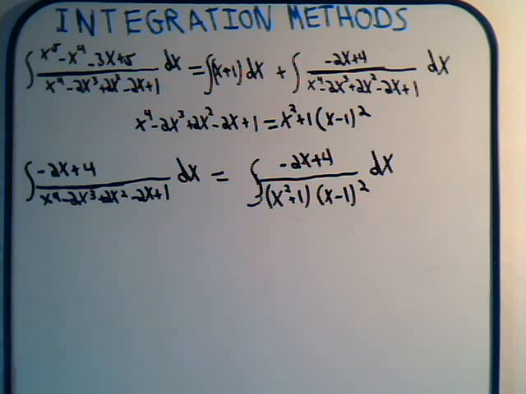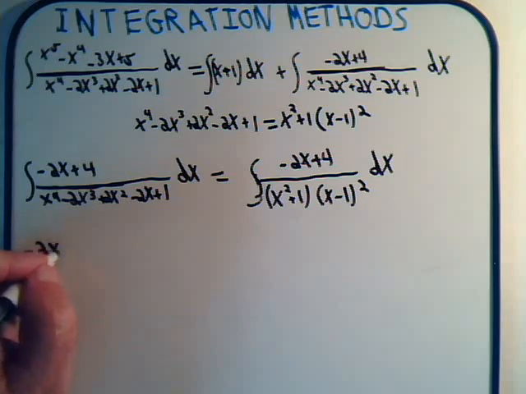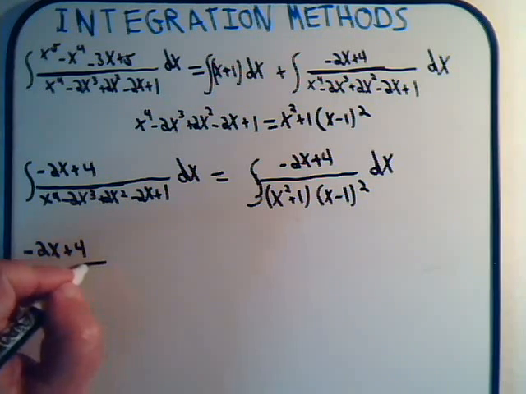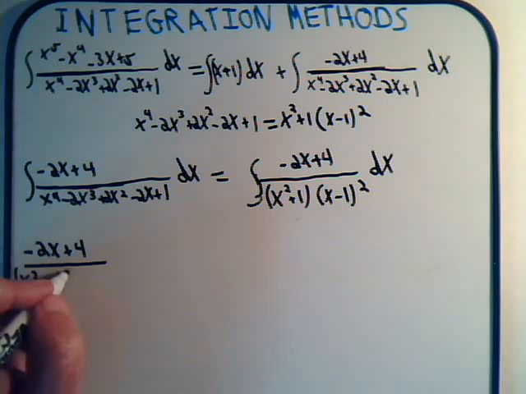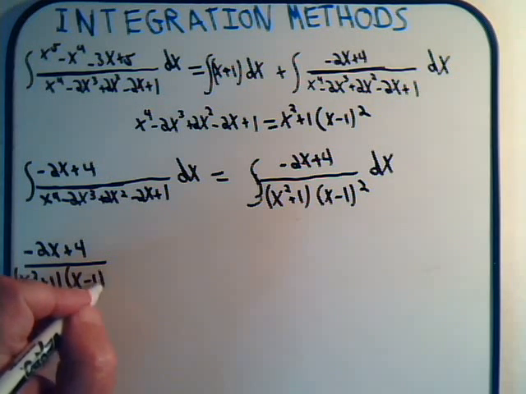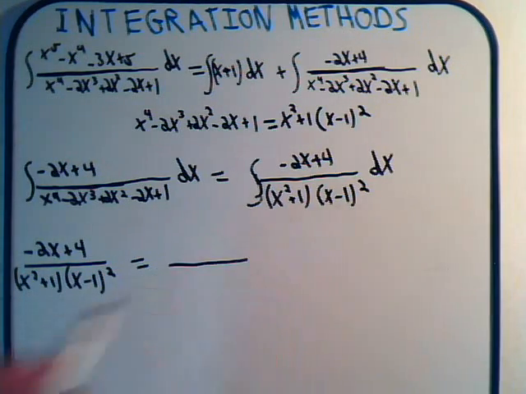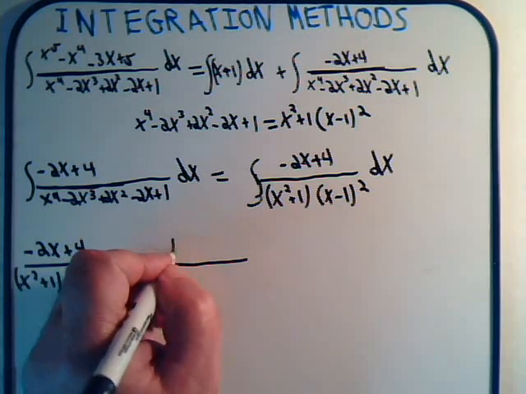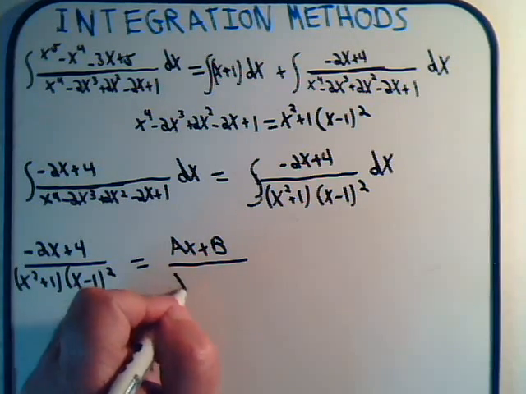Now we're going to have minus 2x plus 4 divided by x squared plus 1 times x minus 1 squared, and that's going to equal, this is a quadratic expression, so that's going to have to be ax plus b over this quadratic expression.